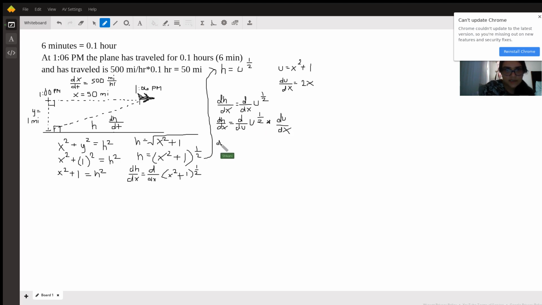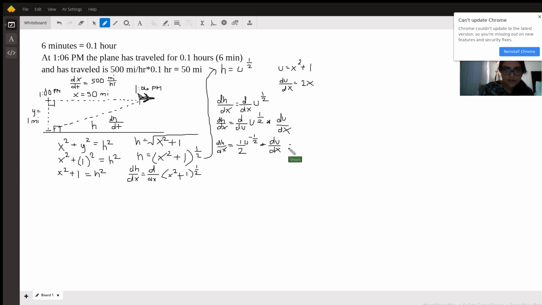So dh over dx would be equal to the derivative of u to the 1/2. Using the power rule, it would be 1/2 u raised to the negative 1/2 power times du over dx.